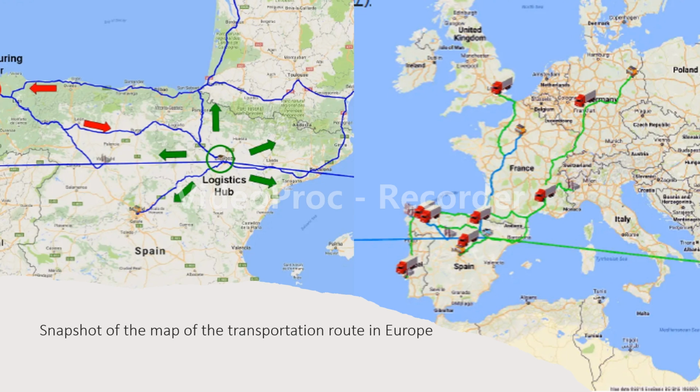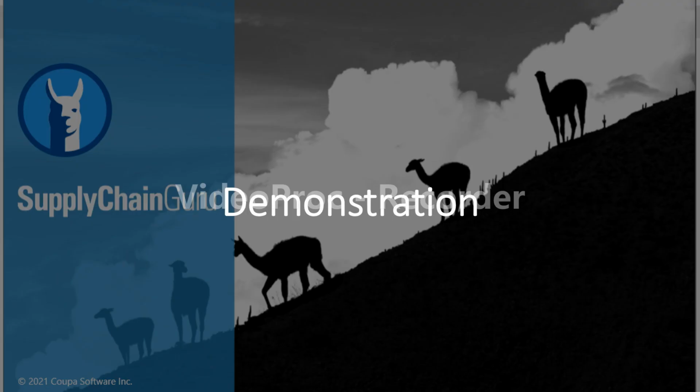Mainly, the transportation will be addressed through trucks. That would be the aspect focused on in the transport optimization for Zara clothing. This is a snapshot of their deliveries, their production lines, their manufacturing and all. With that, we'll move into the demonstration.